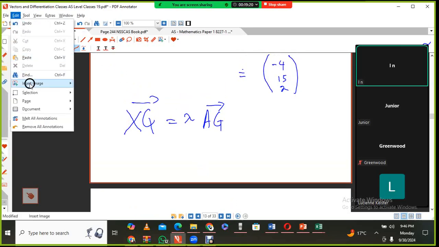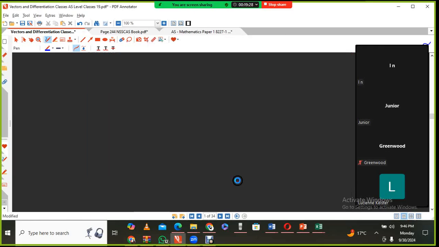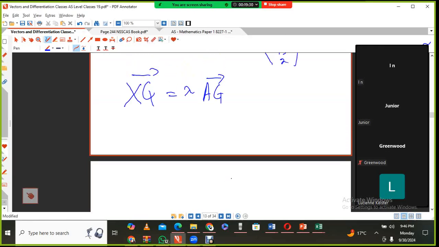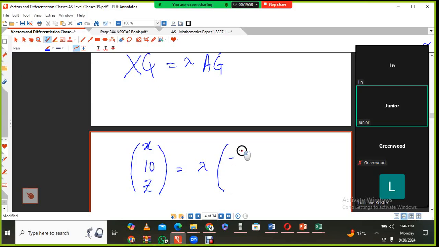You just have X, 10, Z. We don't know what X is, so not 0. We know what Y is, Y is 10, and we don't have the Z value. We're going to say let this equal some lambda times (-4, 15, 2). Okay?